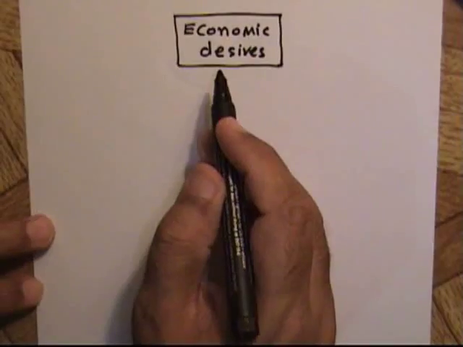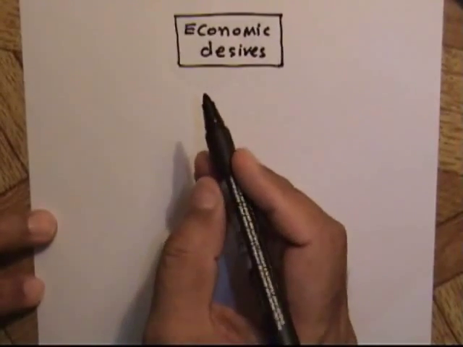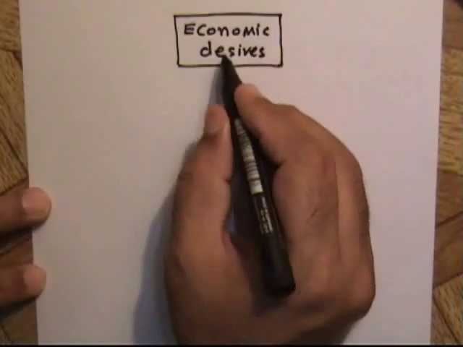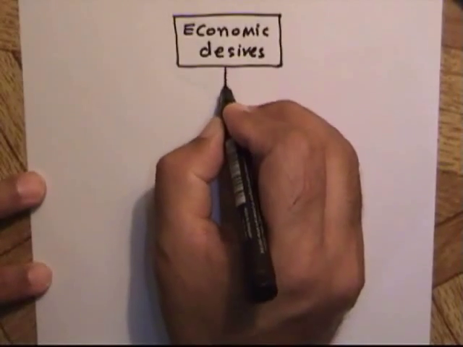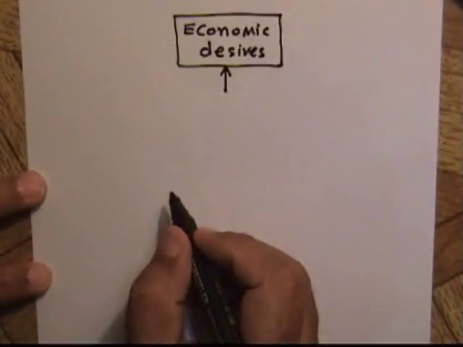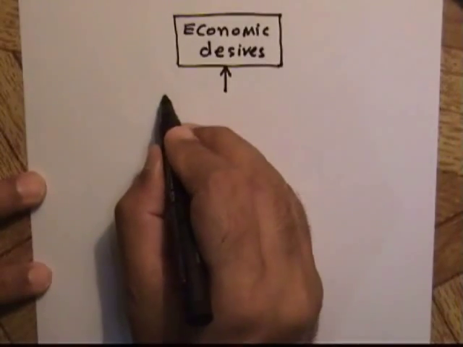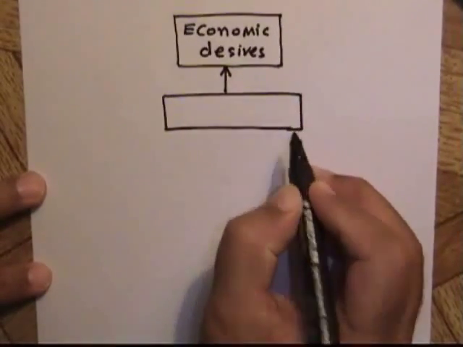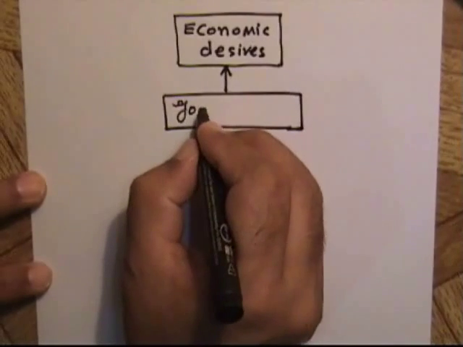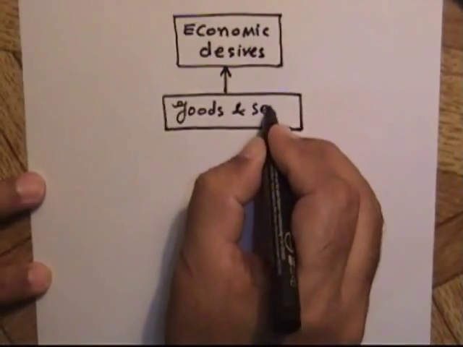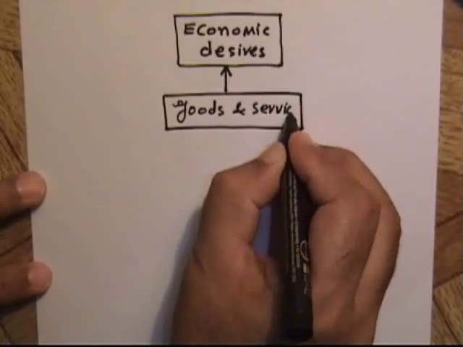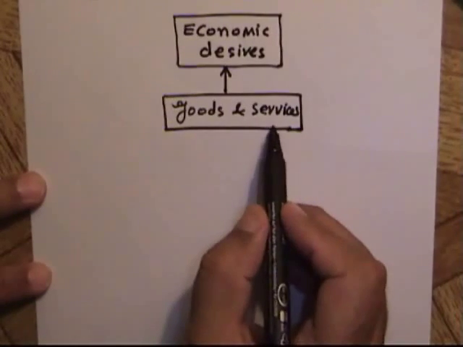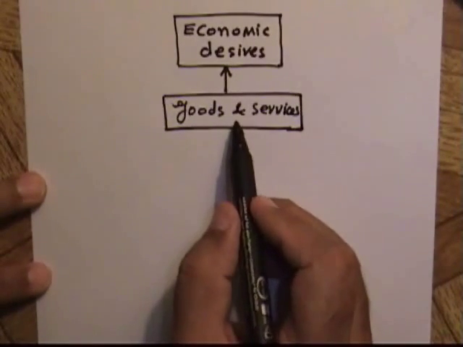This is the ultimate objective behind economic activity. These economic desires should be satisfied, and they are satisfied when we use goods and services, because we have learned that goods and services have the capability to satisfy human desires.